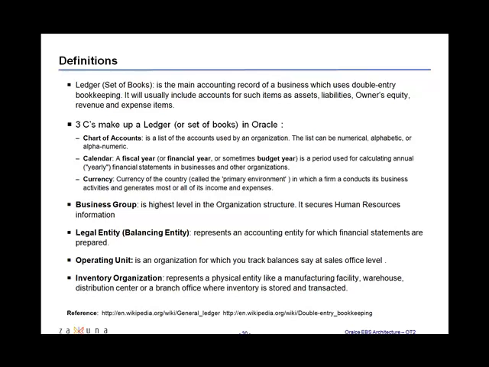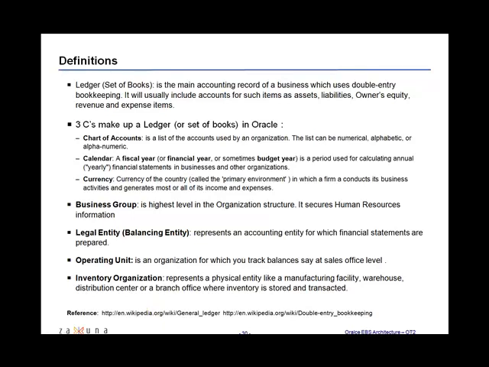Within Oracle, the 3 C's make a ledger. If you want to find out what a ledger is, there is some reference information on wikipedia.org.